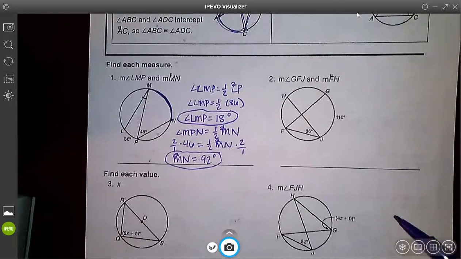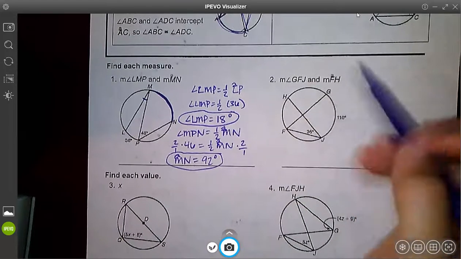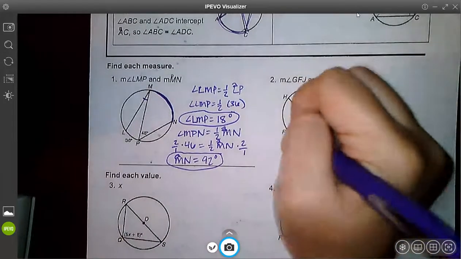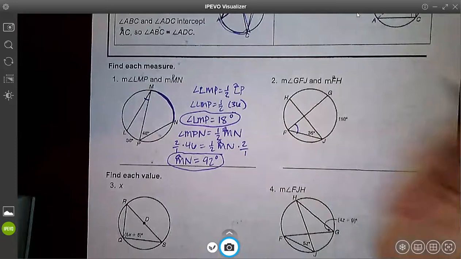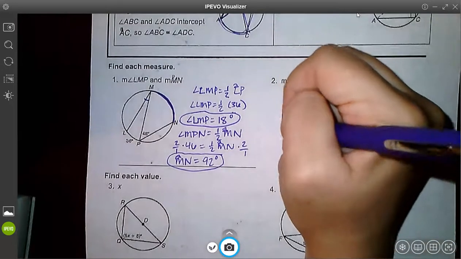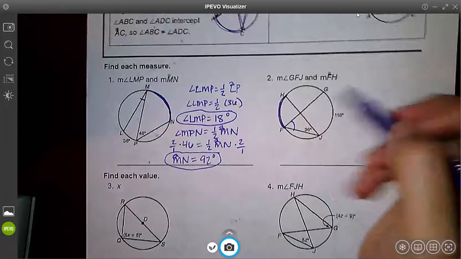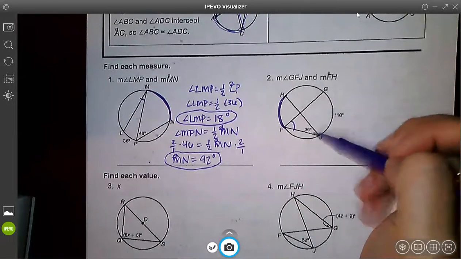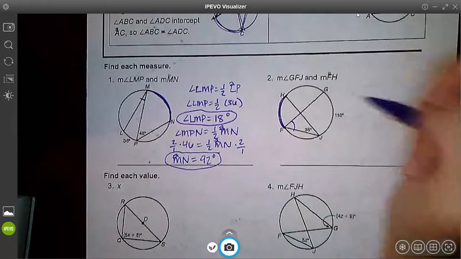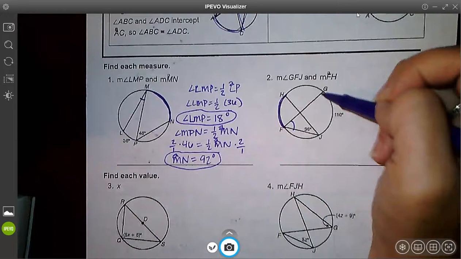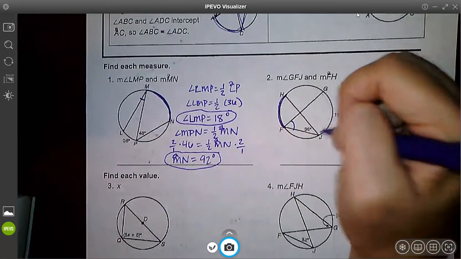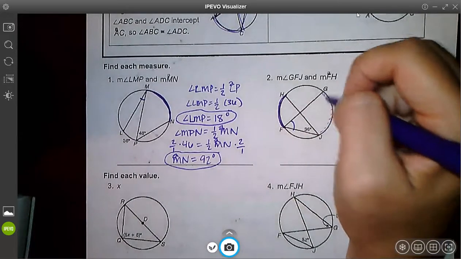Looking at the same thing with number 2. We want to find the measure of angle GFJ. GFJ is this angle here. And we want to find arc FH now. GFJ subtends this arc here, so I'm just going to dash line. You can see that. Dash line there.